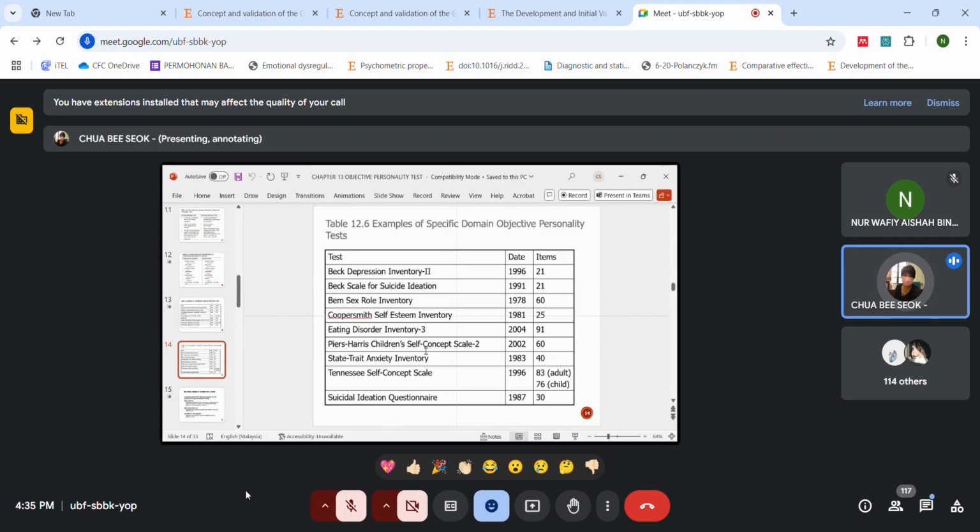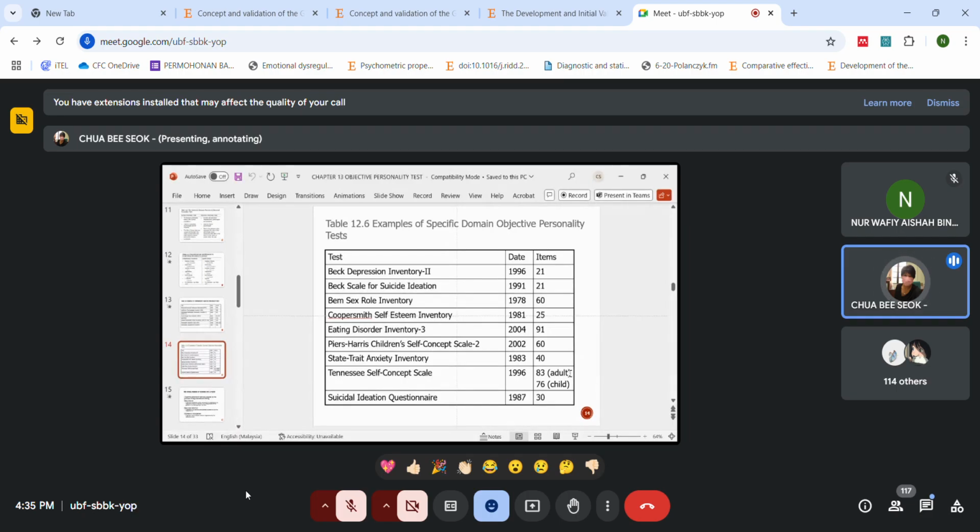Piers-Harris Children's Self-Concept, 60 items, developed in 2002. Okay. The State-Trait Anxiety Inventory, developed in 1983. There are 40 items, 20 items to measure state anxiety and 20 items to measure trait anxiety. And then the Self-Concept Scale.